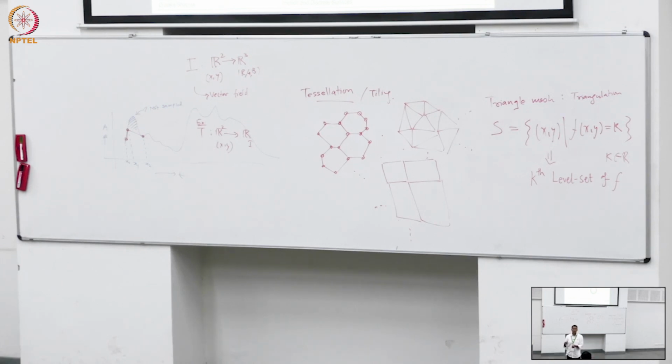I can, for example, embed a one-dimensional curve in a 3-dimensional space, or a 2-dimensional surface in a 3-dimensional space, or a one-dimensional or zero-dimensional object in a two-dimensional space. The dimensionality of the object cannot be more than the dimensionality of the space in which it is being embedded, right?